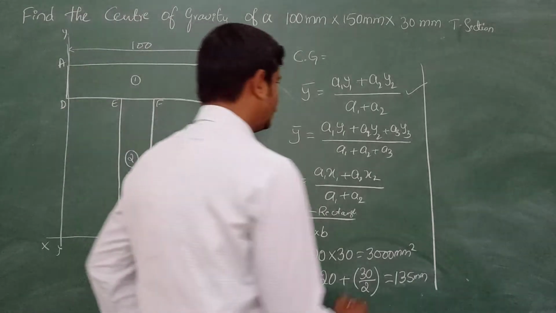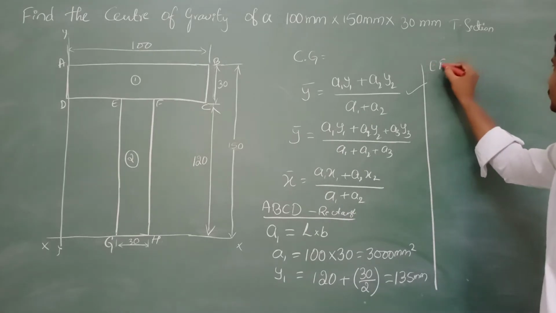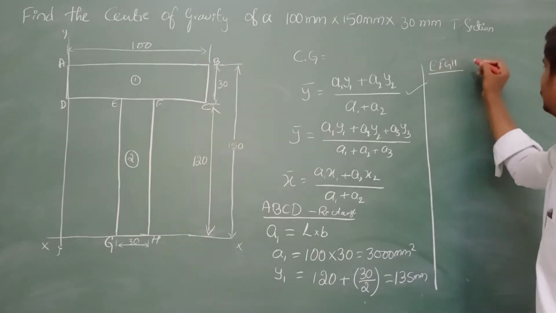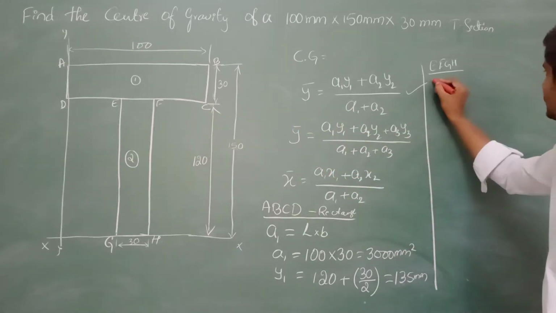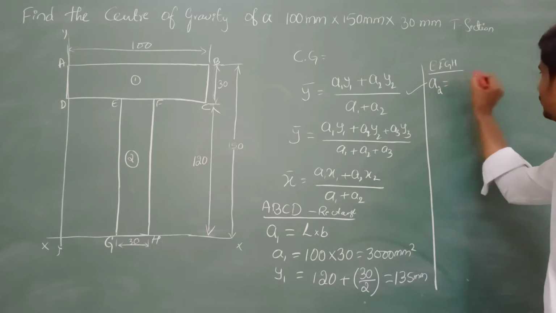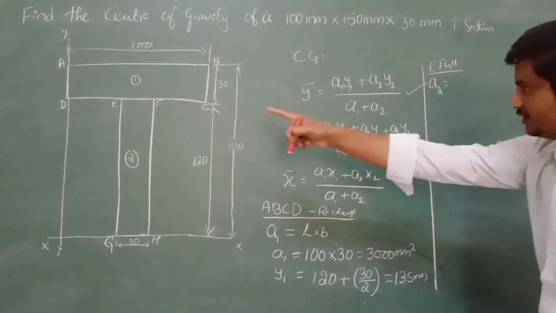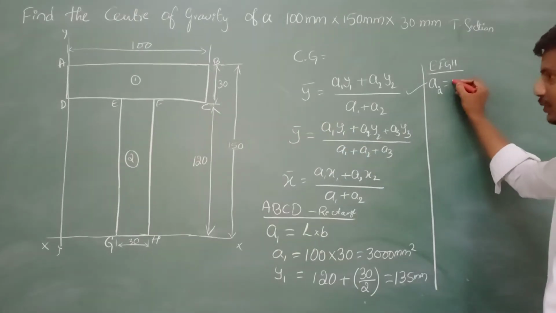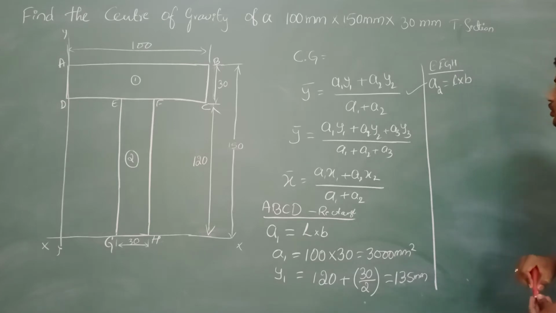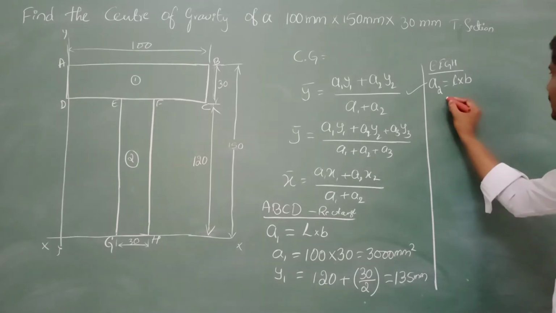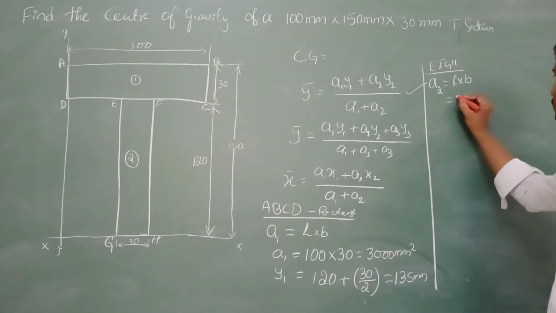Next, let us consider the rectangle EFGH. The area is A2 because it is the second web. A2 is equal to L into B, length into breadth, since this is also a rectangle. Substituting, L is 30 and B is 120.